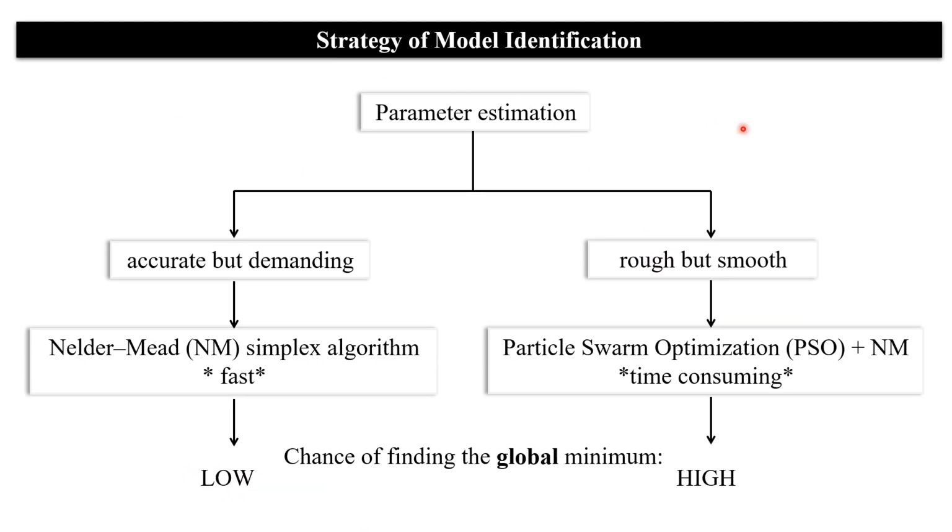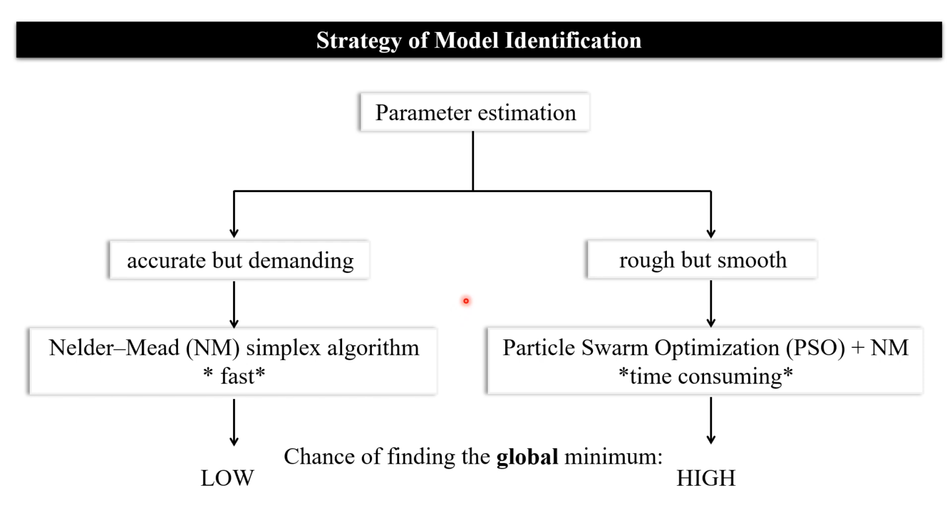Regarding the strategies, there are two basic paths we can take. The first path: concise, accurate but very demanding initial estimation of the parameters, but thanks to the estimate being very accurate, we can employ a simple and very fast gradient-based or gradient-free optimization algorithm.